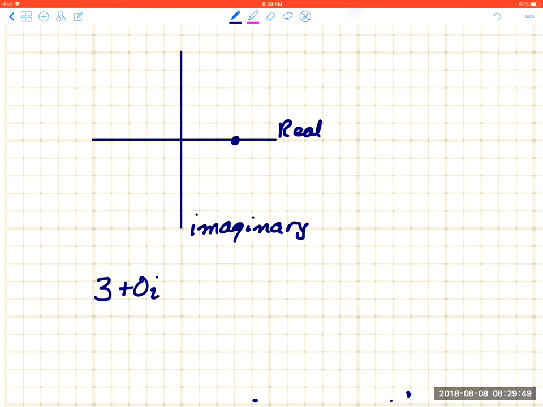So that is the location of the number 3 plus 0i. Think about that number 0 plus 3i. We've got a real part of 0, an imaginary part of 3. So that is the location on the complex plane. So this is the complex plane.